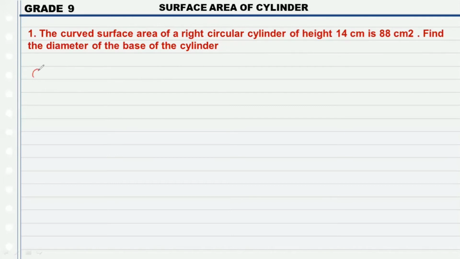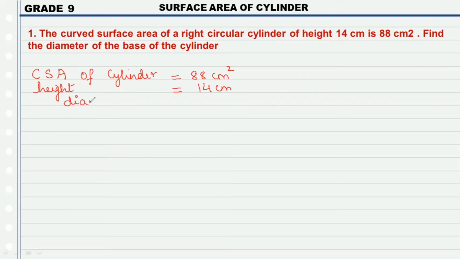Okay, they have given us the curved surface area of cylinder, that is your 88 centimeter square. Then they have also given us the height of the cylinder. Height is also given to us as 14 centimeter. And we have to find the diameter. Diameter is to be found. Diameter is the question.